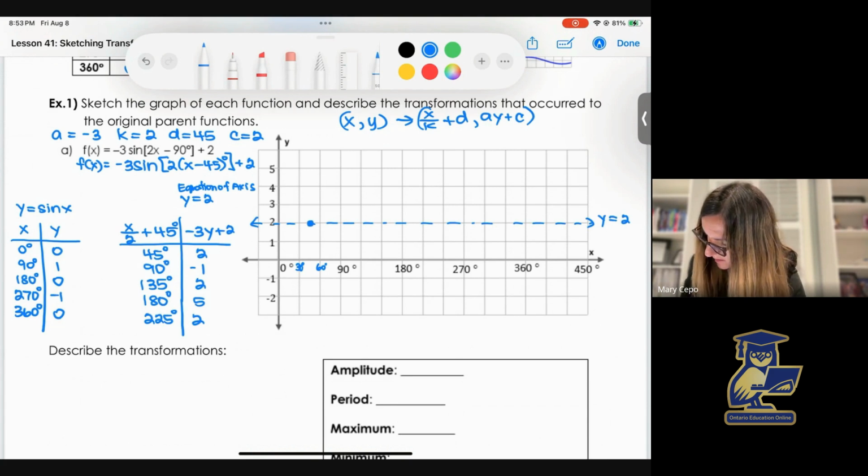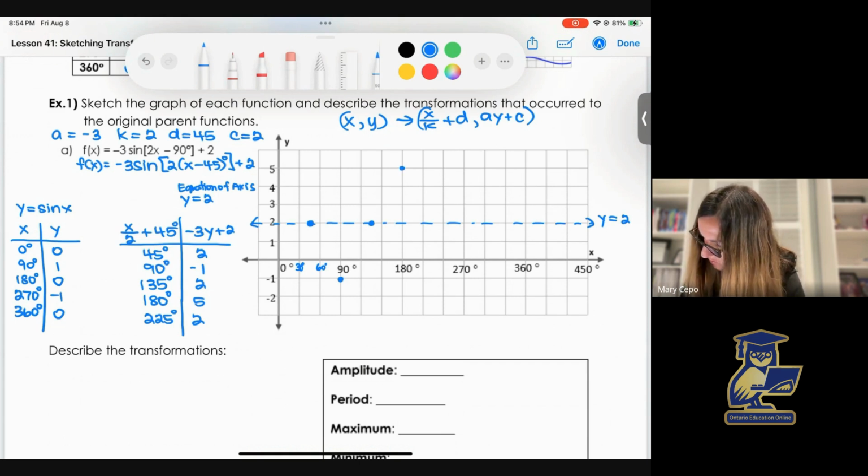At 90, we're at negative 1. At 135, we're back at 2. At 180, we're at 5.